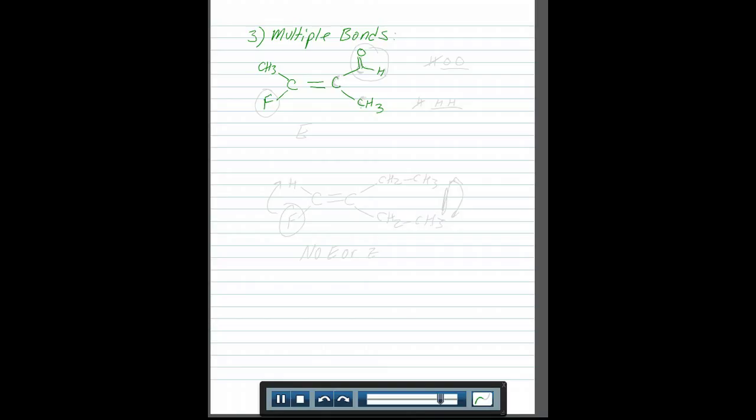Okay. So on the left side, fluorine gets the priority. On the right side, you have a carbon. This carbon is attached to this one, and this carbon is attached to this carbon. Well, you have a tie. So what do you do? You look at the next atoms. Now, when you have a multiple bond, count that many atoms, however many bonds you have.